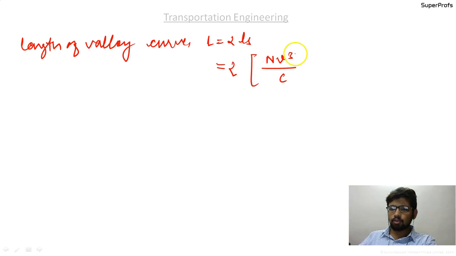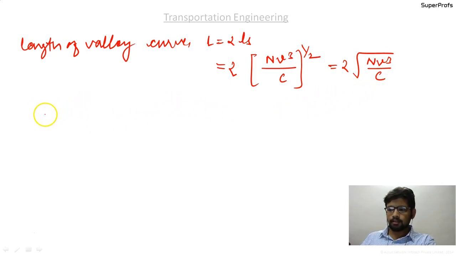So ls equal to nv cube by c raised to 1 by 2, which is equal to 2 root of nv cube by c. Now, the valley curve is formed by two symmetric cubic parabolae joined symmetrically.